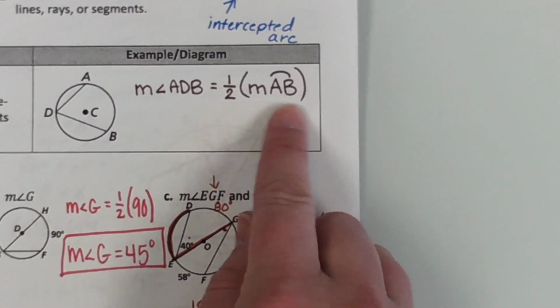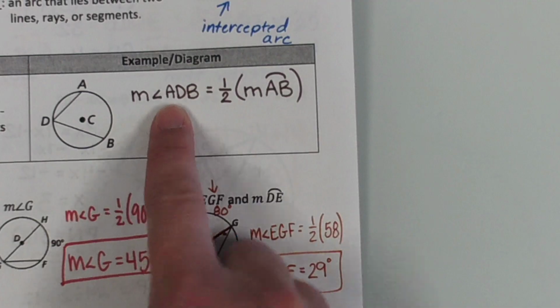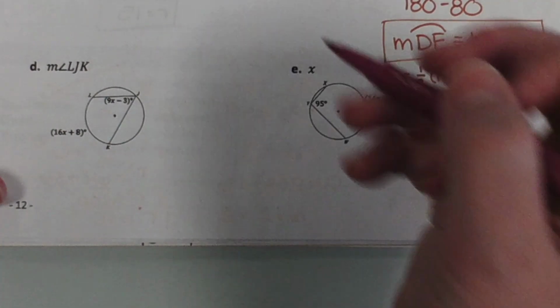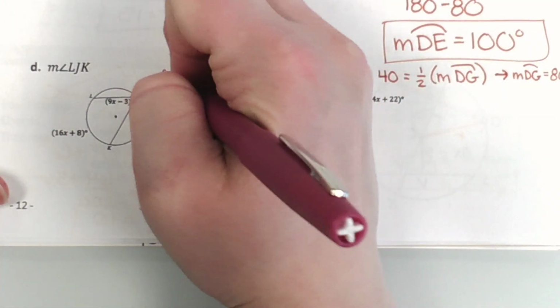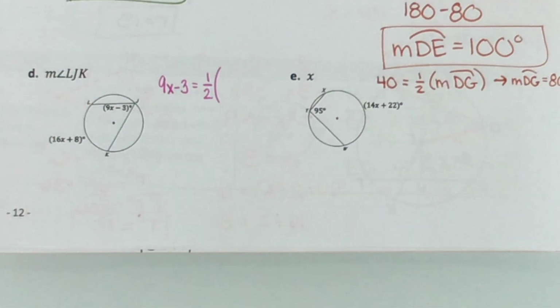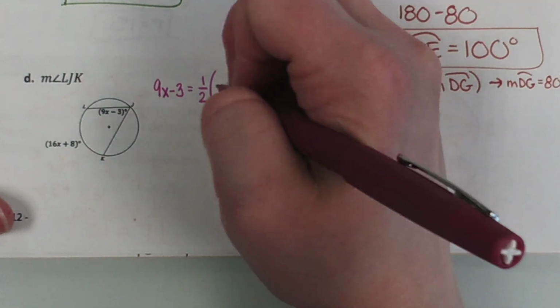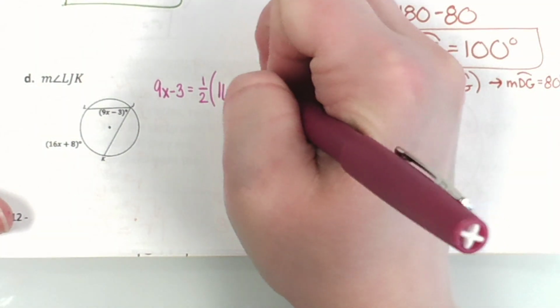No, 1/2's over here. That side's not alone. This side's alone. Is that the angle or the arc? Angle. The angle was 9x minus 3 equals 1/2 the arc. The corresponding arc to that inscribed angle is the 16x plus 8.